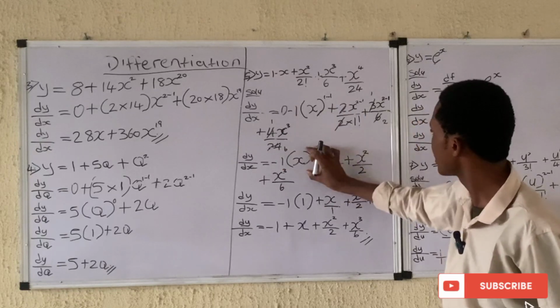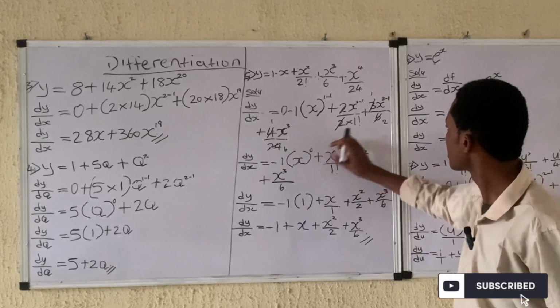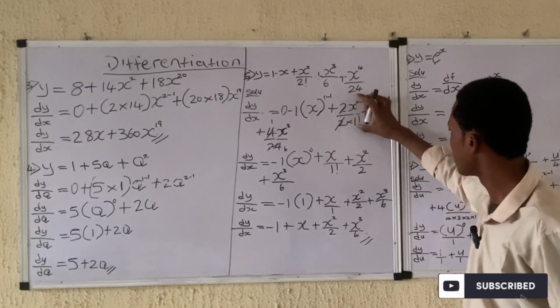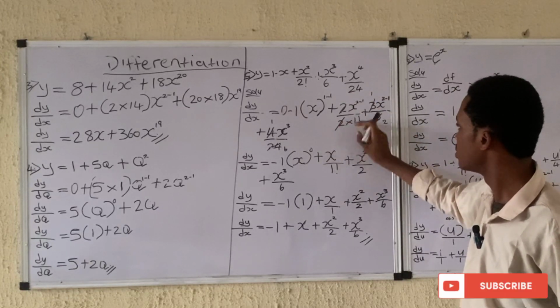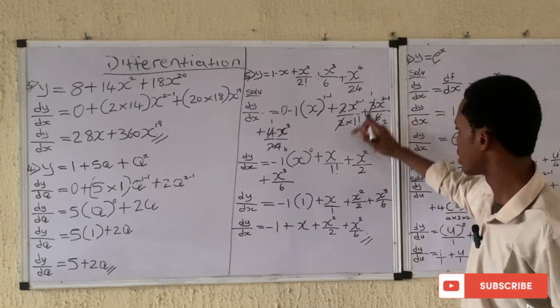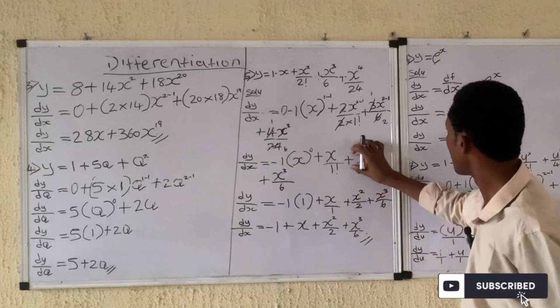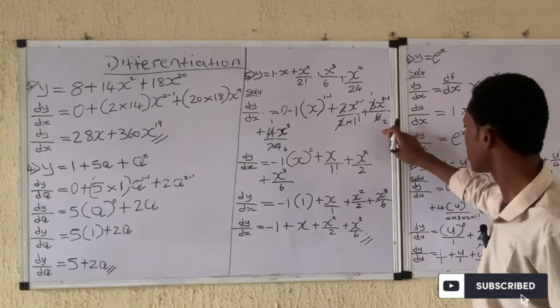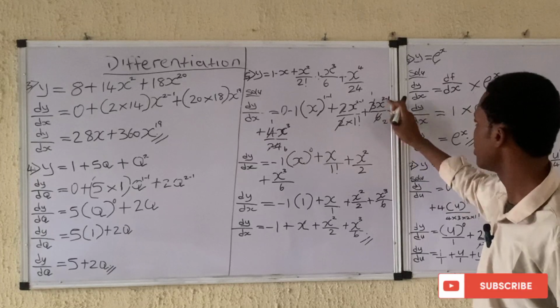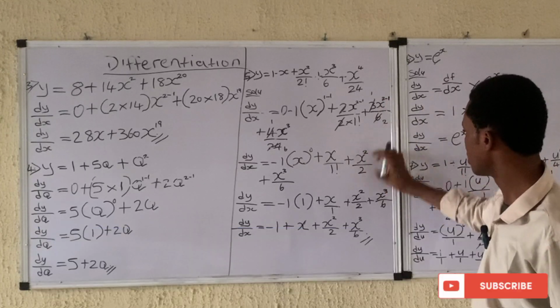Minus 1, x, 1 minus 1 gives 0. Plus, now here, 2 cancels 2, leaving us with x, 2 minus 1 gives us 1, all over 1 factorial. 1 factorial is also known as 1. Plus 3 here, 3 into 2 is 6, to give you 2, 3 minus 1 to give you 2, x raised to the power 2 all over 2.